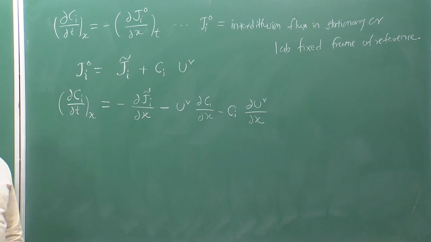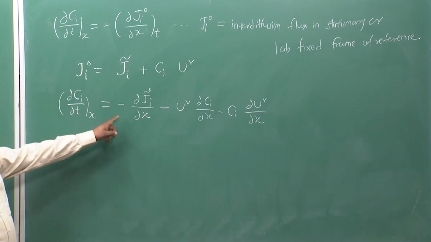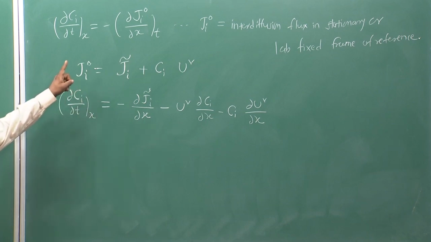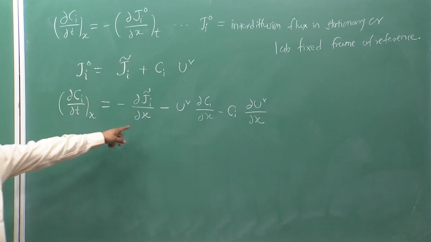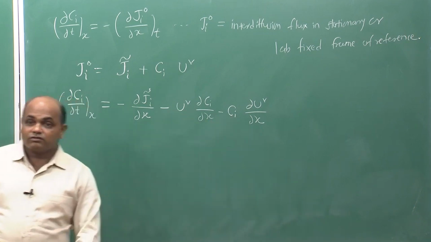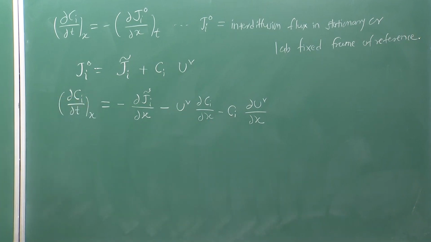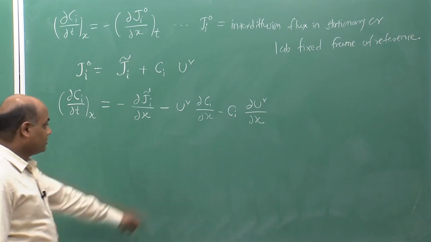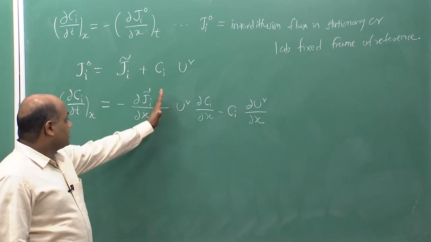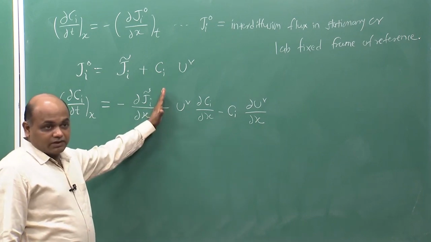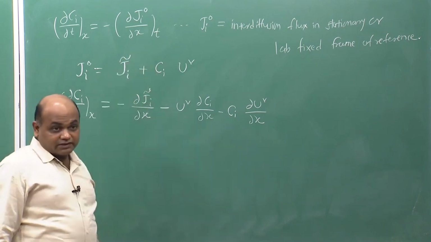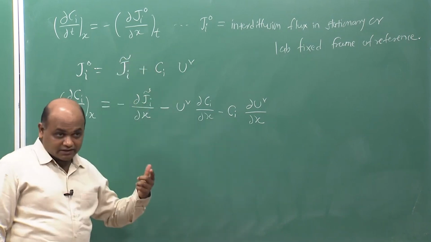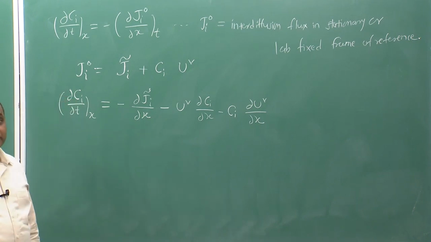So, if I want to write the diffusion equation in terms of fluxes in volume fixed frame, I also need to consider the velocity of the volume fixed frame, and only when that uv is 0 I get the original form of continuity equation, that as in the stationary frame of reference, because in that case the stationary frame and volume fixed frame overlap, coincide.